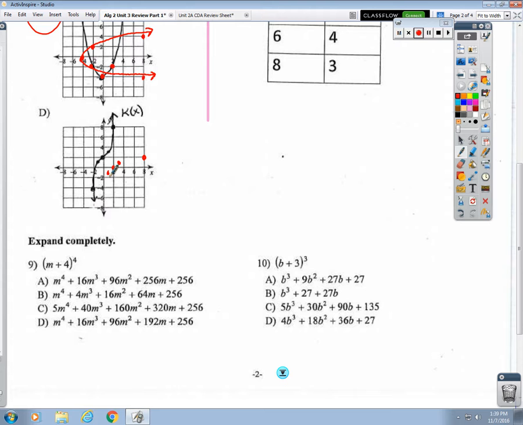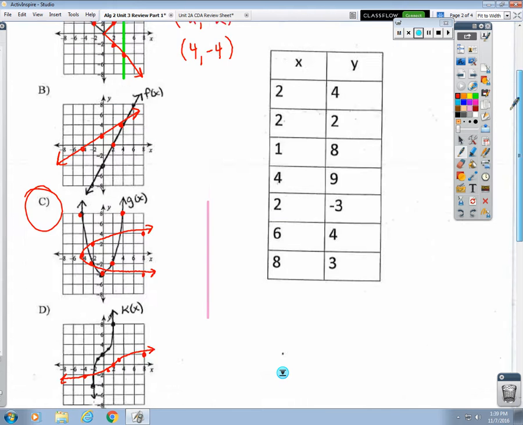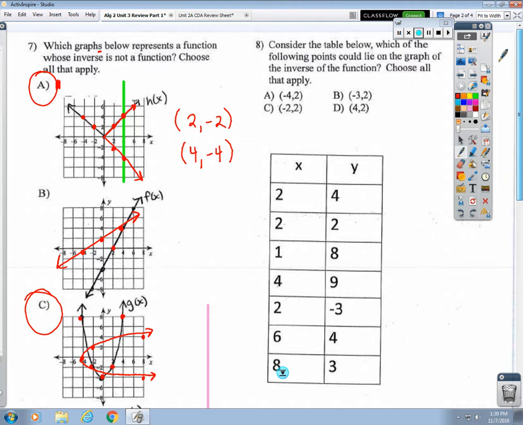So about right there. And then this one's at negative 2, negative 4, which will be negative 4, negative 2. So now that I did the inverse of the original cubic function, is this inverse still a function? Yes, all cubics will pass the vertical line test, even their inverse. Okay? So the only ones that were not functions once you did their inverse were A and C. Those are the 2 correct answers.